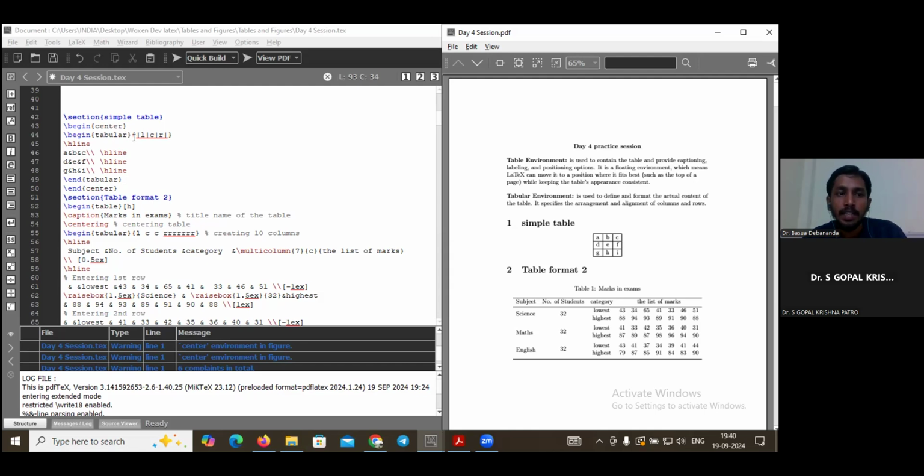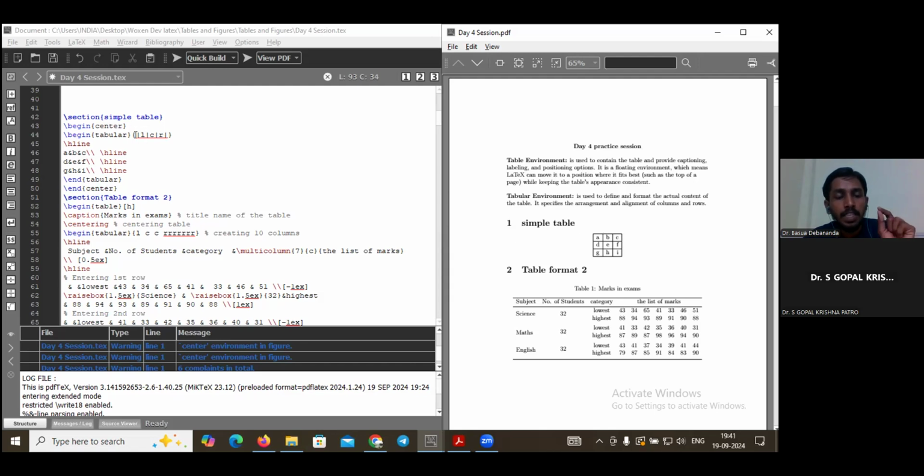Within the curly bracket, I have written |l|c|r|. L means the text will be on the left side, c means the text in the center, r means right side. That means here there are 3 columns and 3 rows.